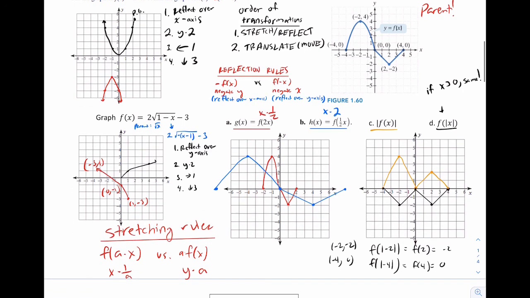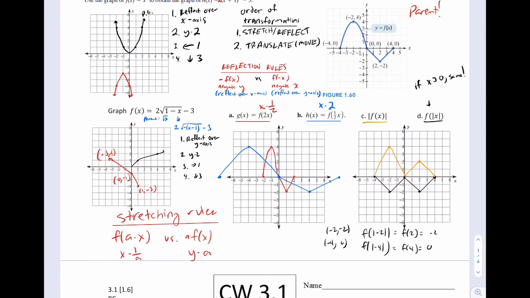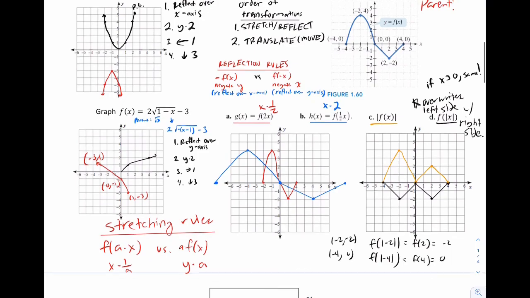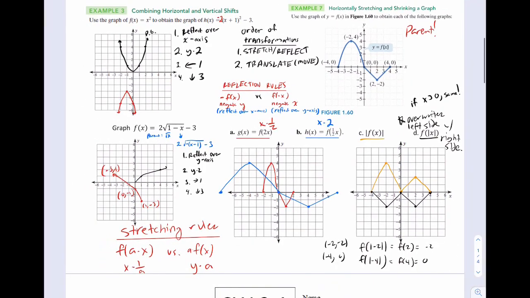So if you think about it, I'll put a little note here. What happens is it overwrites the left side with the right side. So that's an unusual one. Okay, so that's it. So good luck on the rest of the problems, and ask me questions if you have any.